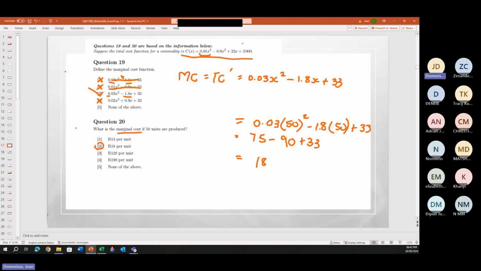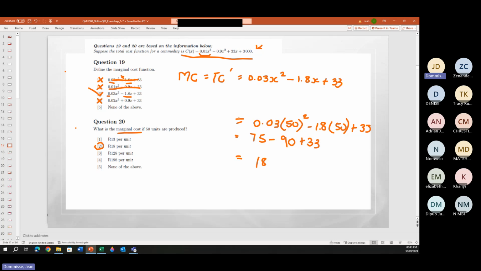Okay, just be very careful that if you put in 50 in this original, let's quickly do it and just check. I'm always worried that there's an answer for you, so let's just make 100% sure.